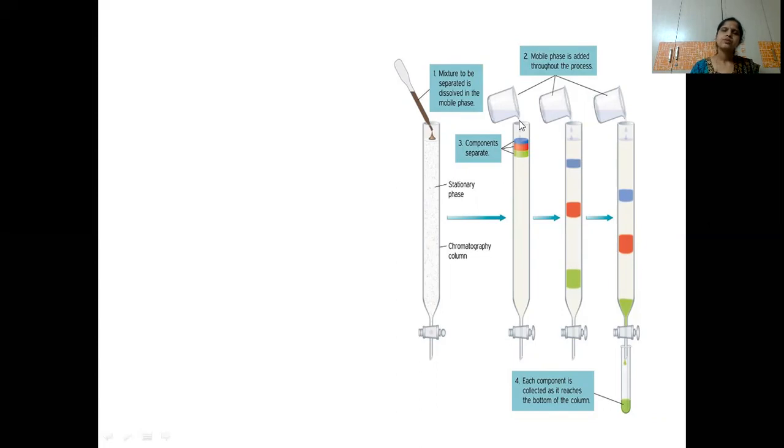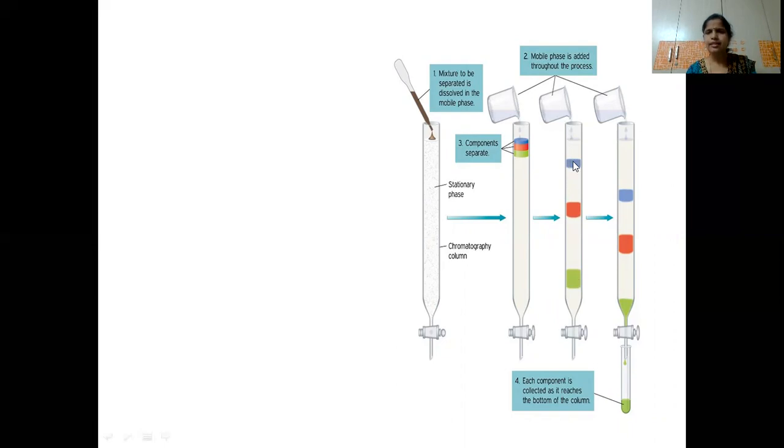So when the solvent is being poured into the column, you can see that after some time the bands are being separated, and we can observe different color bands. As we run down this mobile phase, it interacts with the sample.